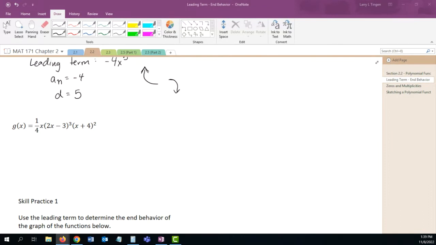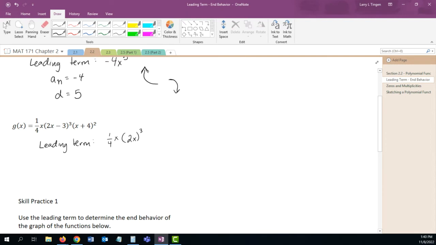Now, I'm going to treat this one like I did before. Leading term. Okay. So what is it going to be? Well, it's going to be 1/4 times x times the leading term of 2x minus 3 cubed, which is going to be 2x cubed.